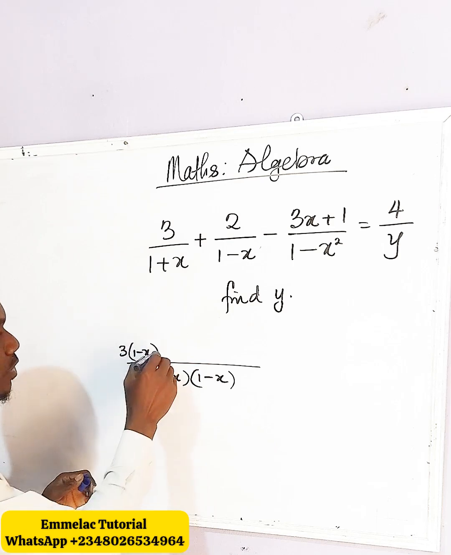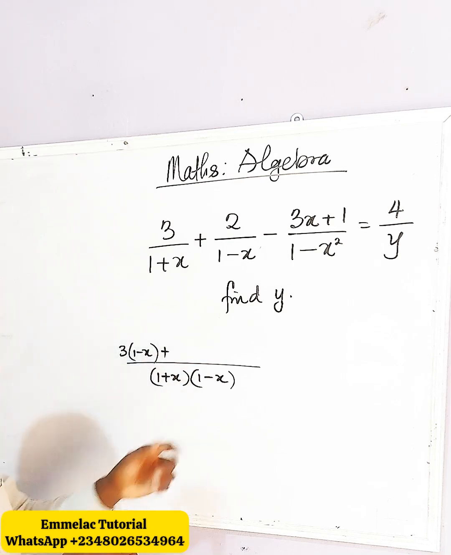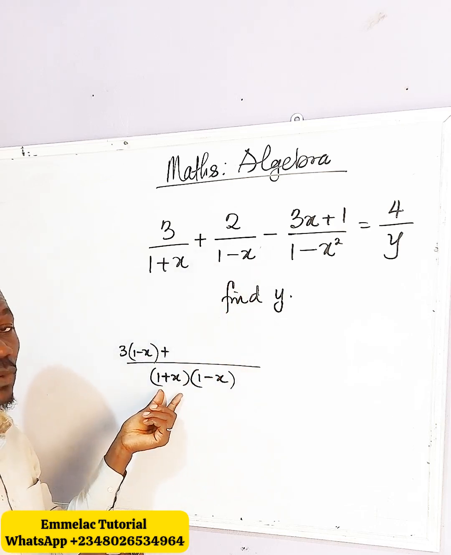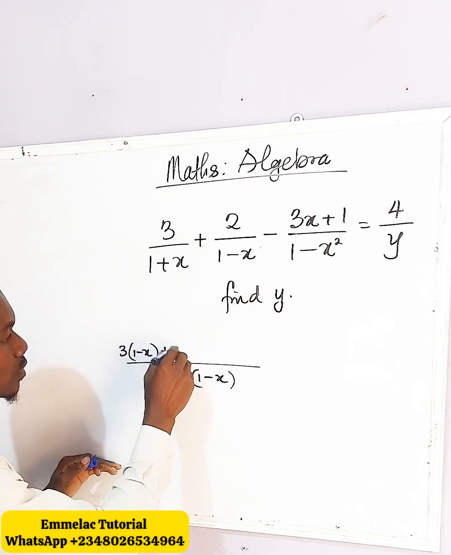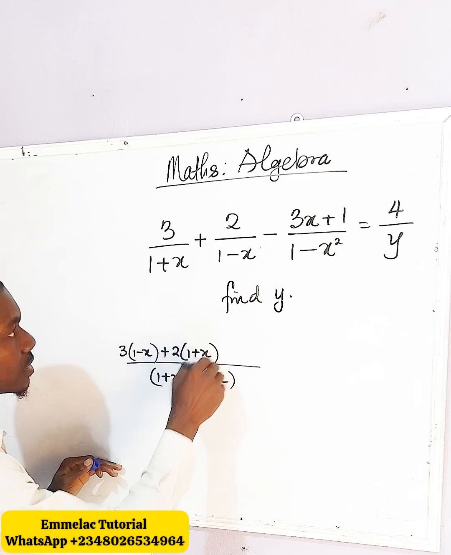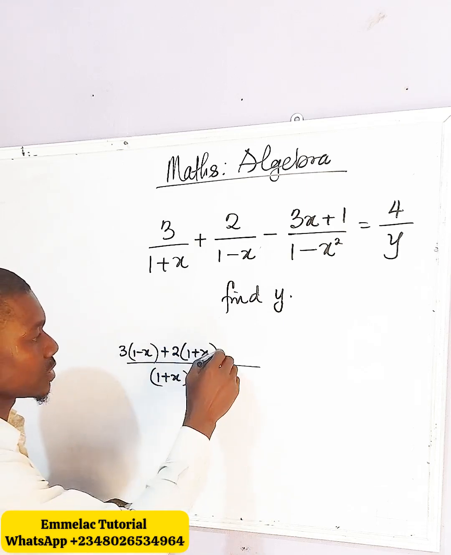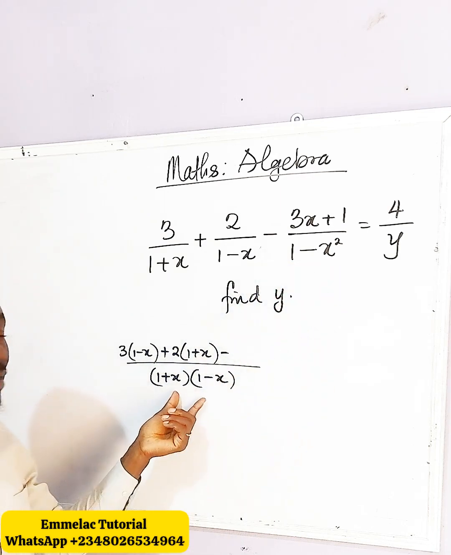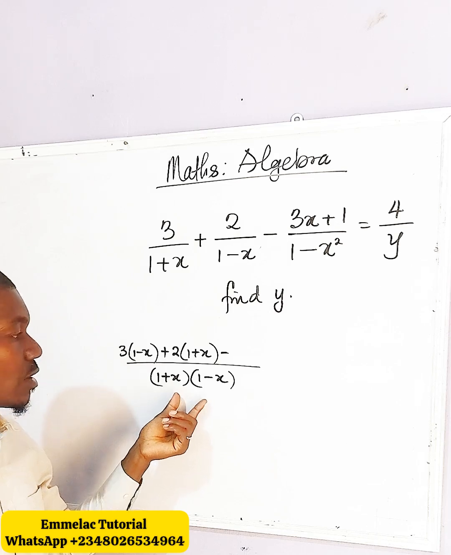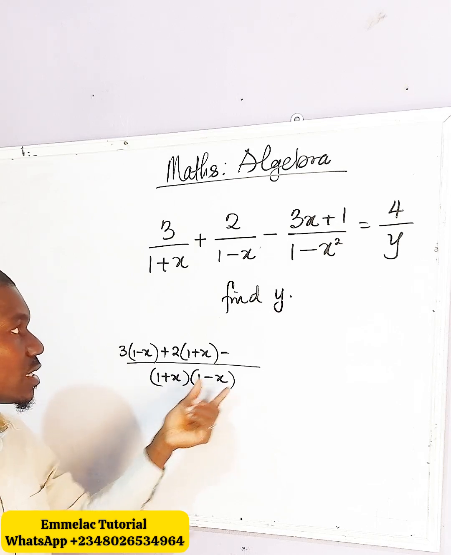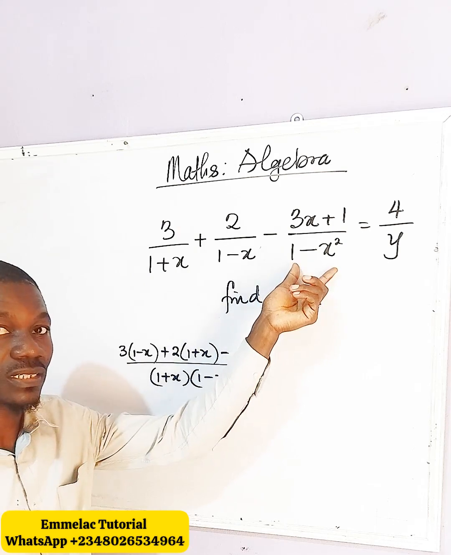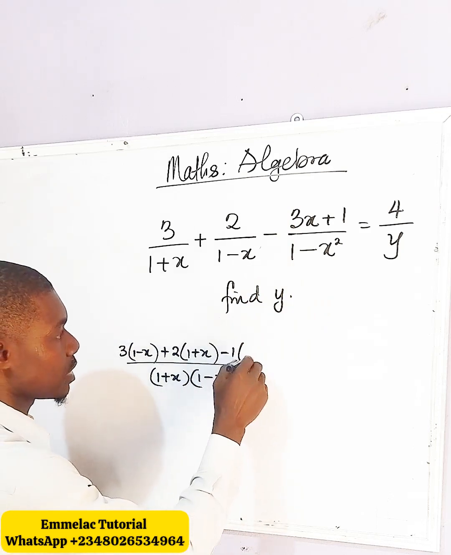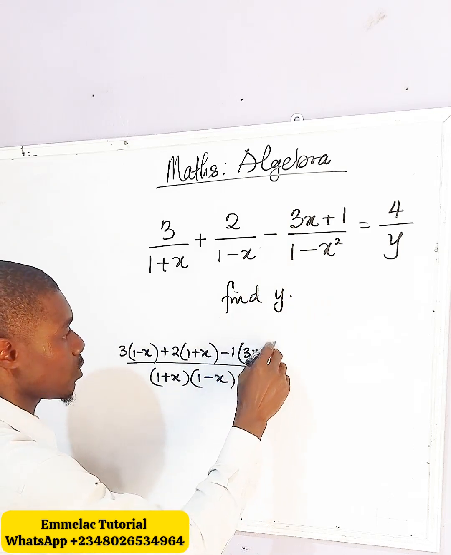Now plus, this term divided by this term, we'll be left with 1 plus x, so 1 plus x times 2, we have 2 into 1 plus x. Now minus, the whole of this is the same thing as the LCM, so the LCM divided by this will give us 1, so we have 1 into 3x plus 1.